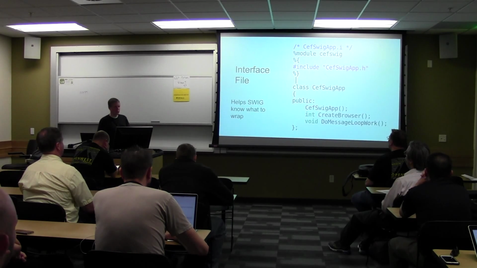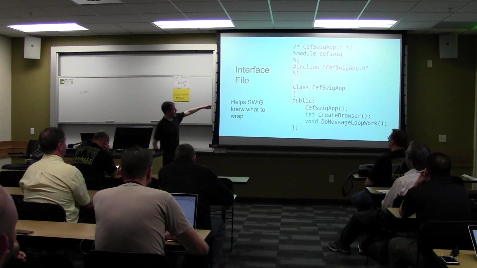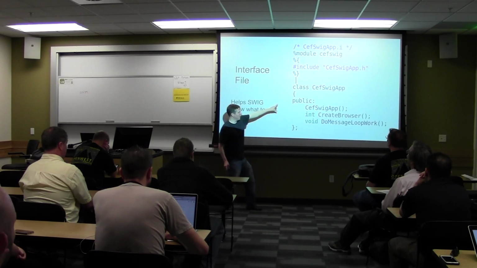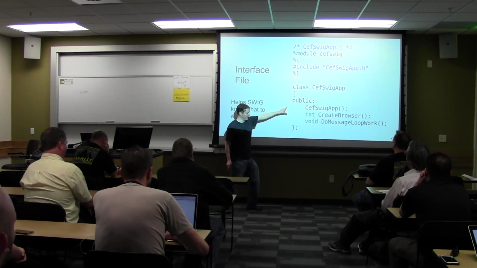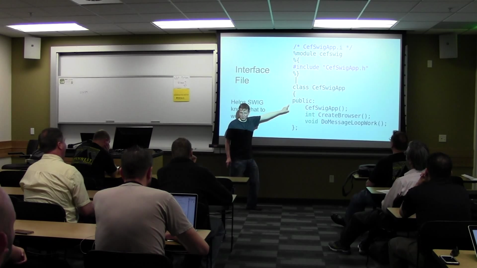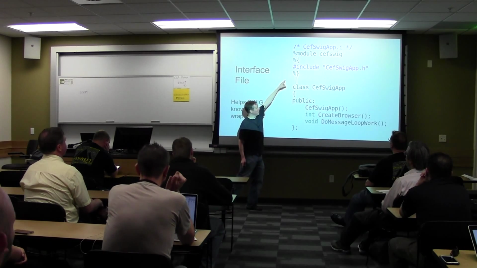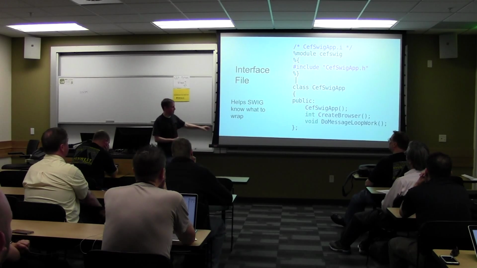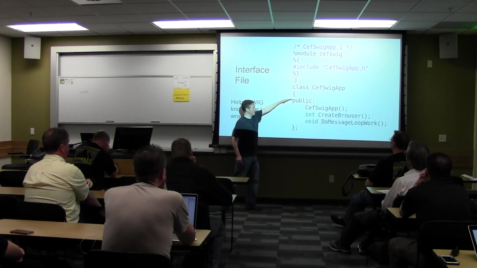With Swig, you write an interface file that looks like this. It's a .i file, and basically you just include your header file code in here, and then do an include on the header file. And that's your interface. This lets Swig know what you want to expose.